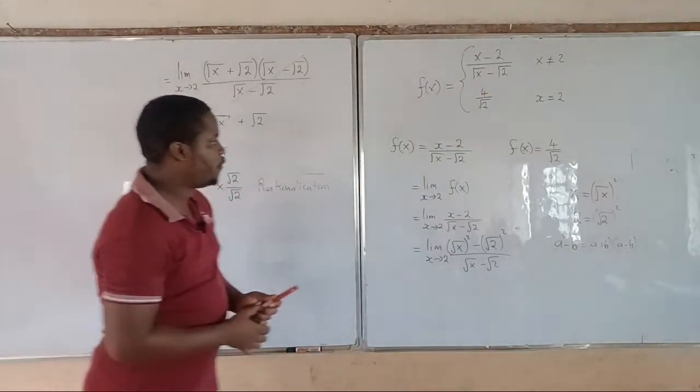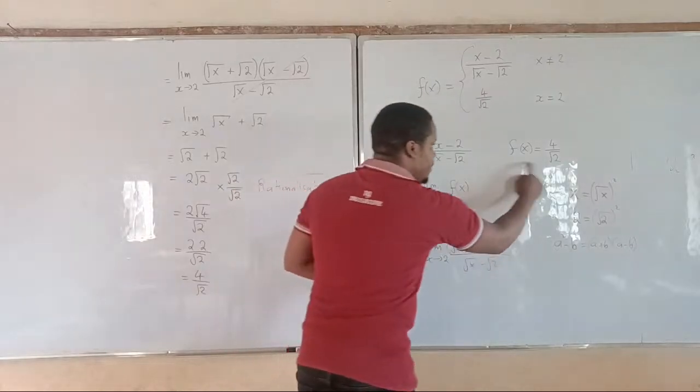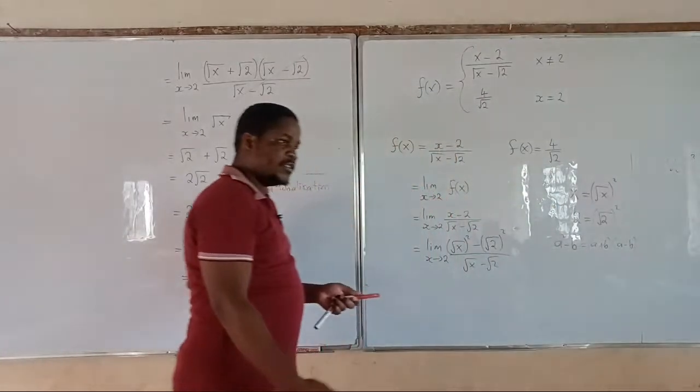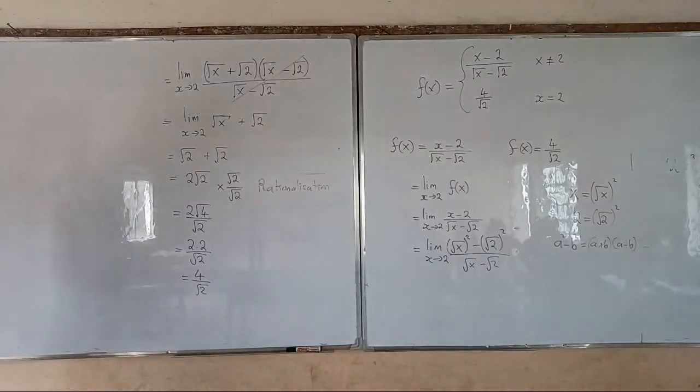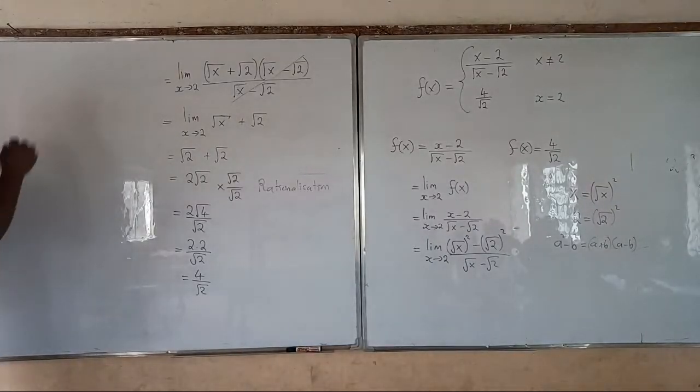Since we've managed to prove using limits that we get this value, the conclusion is that the function is continuous at x equal to 2. So let me put the conclusion here.